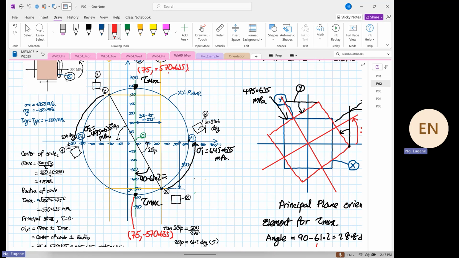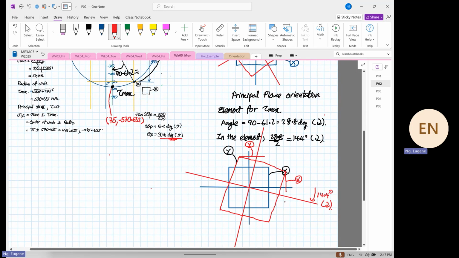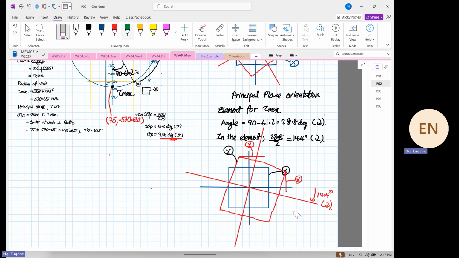Now, the positive and negative in shear don't mean anything at all, yes or no? It all depends on the rotation of the element. What is common is that the normal stress for both surface A and surface B is 75, both tensile. Yes or no? Because the normal stress is 75.